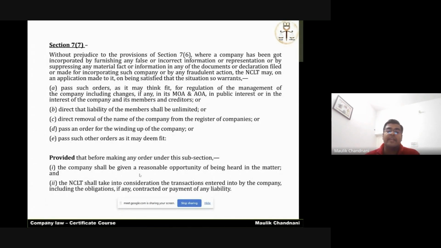But before giving any such order, the NCLT shall give the company a reasonable opportunity of being heard. Ex parte decisions, if we talk about legal interpretations, will not be given by the court without hearing the company's officials, right? So this is all about section 7, subsection 7.